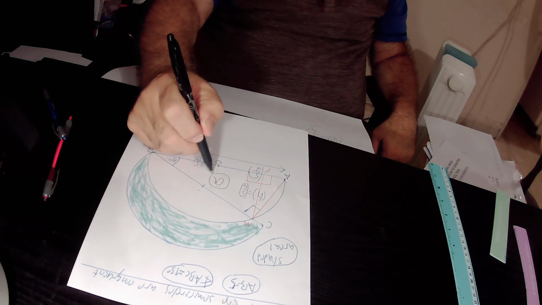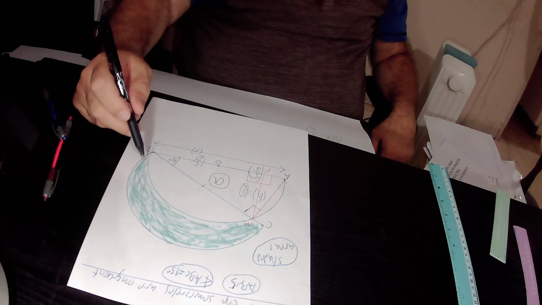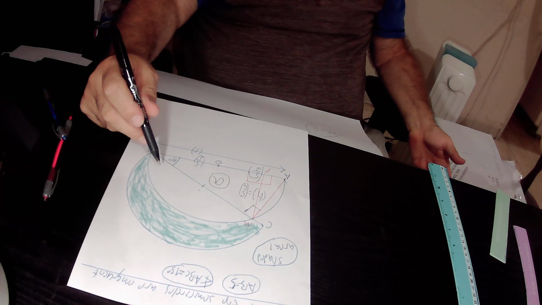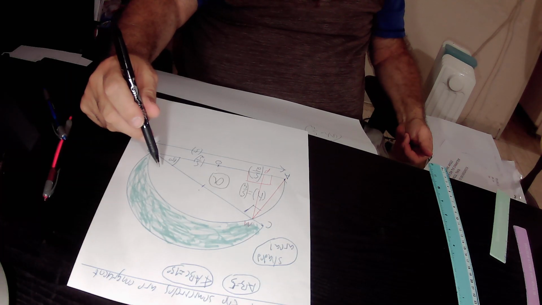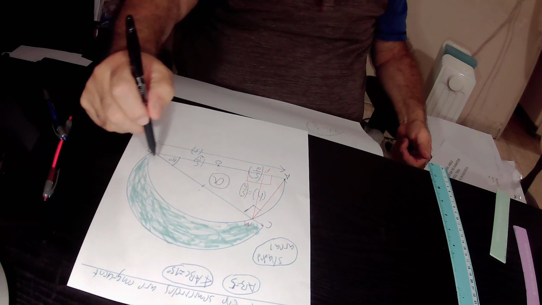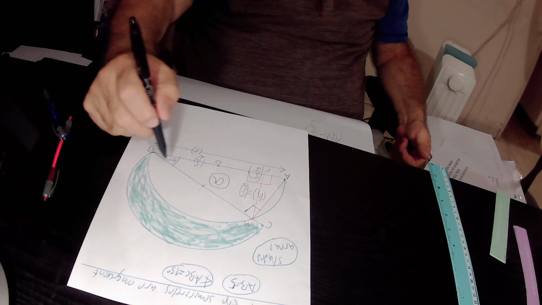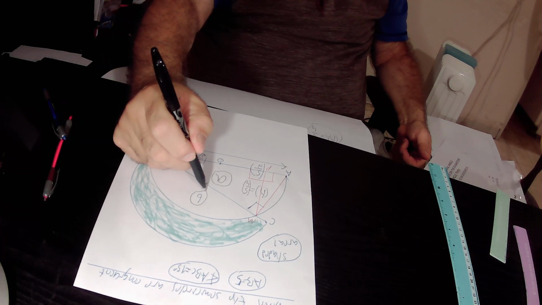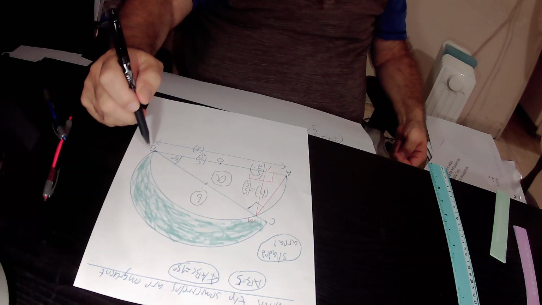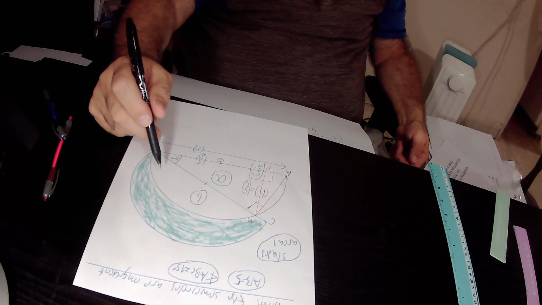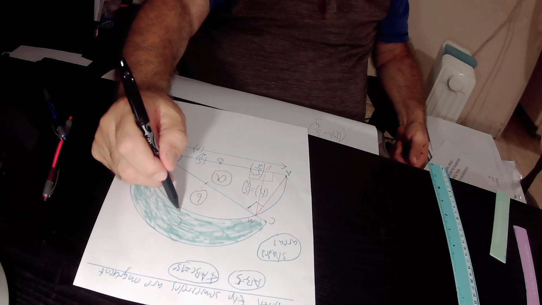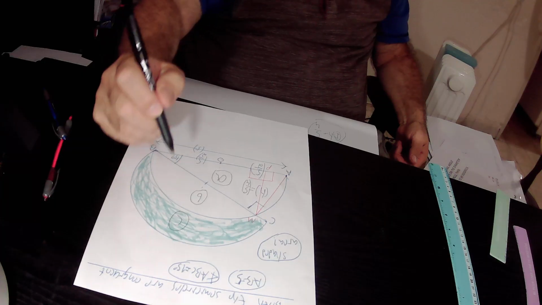Likewise, we define the area of this shape, a semicircle, as B square units. And finally, we define the shaded area, the area we are looking for in this question, as C square units.